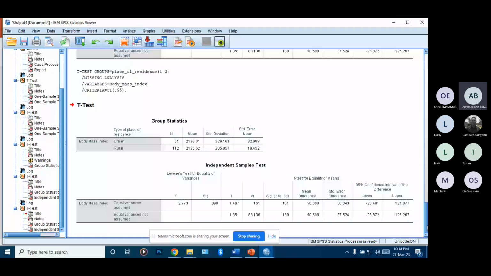Reason being that for you to use the independent sample test, you must have equality of variances.